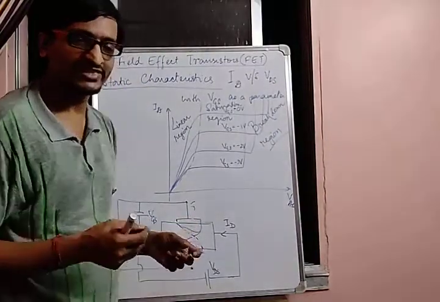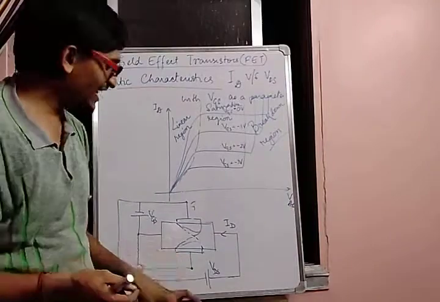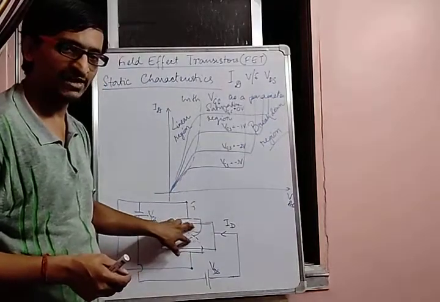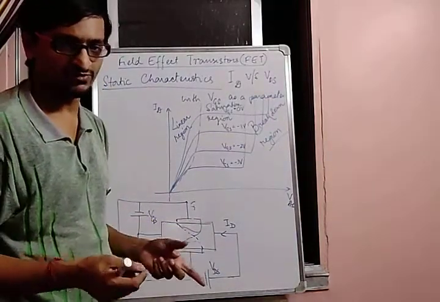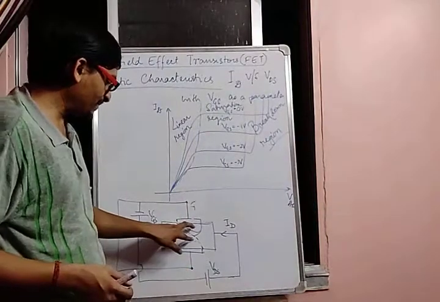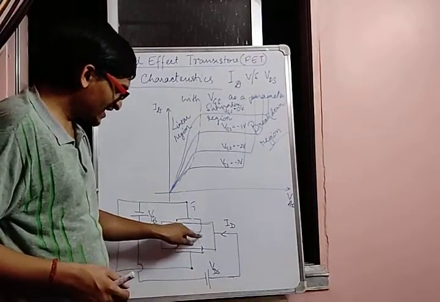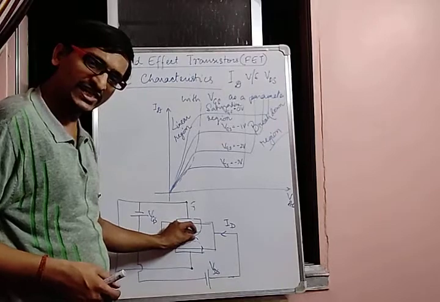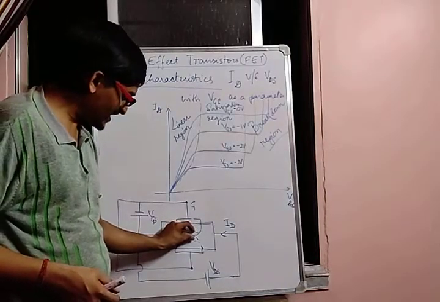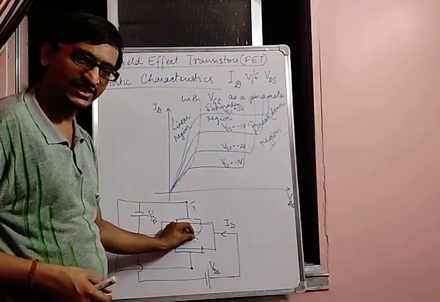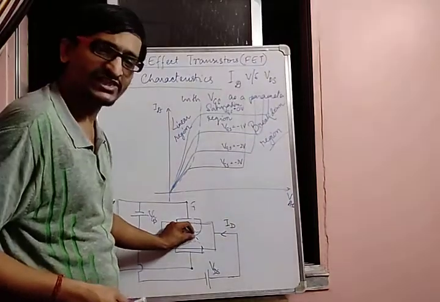This voltage will be called your pinch off voltage, and this particular phenomenon is called pinch off. In this case, your depletion regions basically come in contact with each other. They almost touch each other.